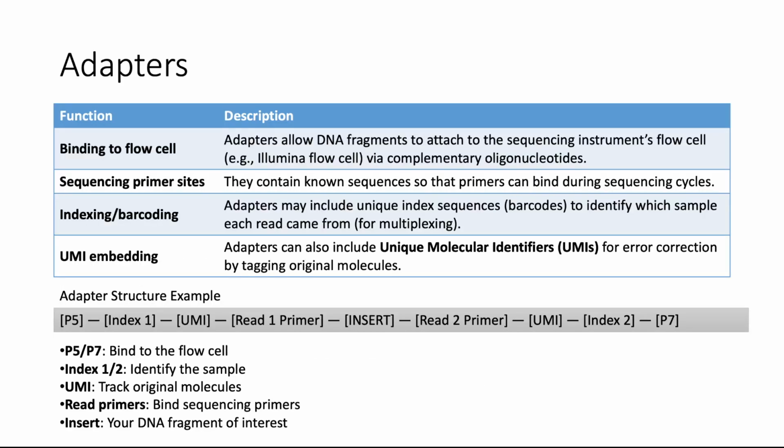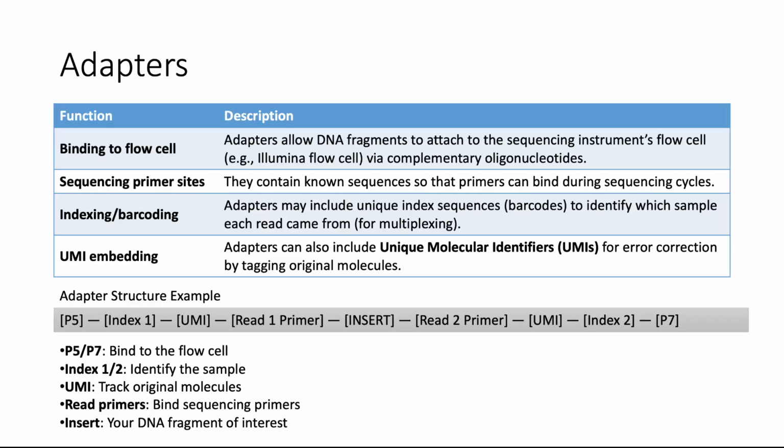So combining these molecules together results in so-called adapters. They're used for binding to flow cells, so this process of sequencing will be possible.